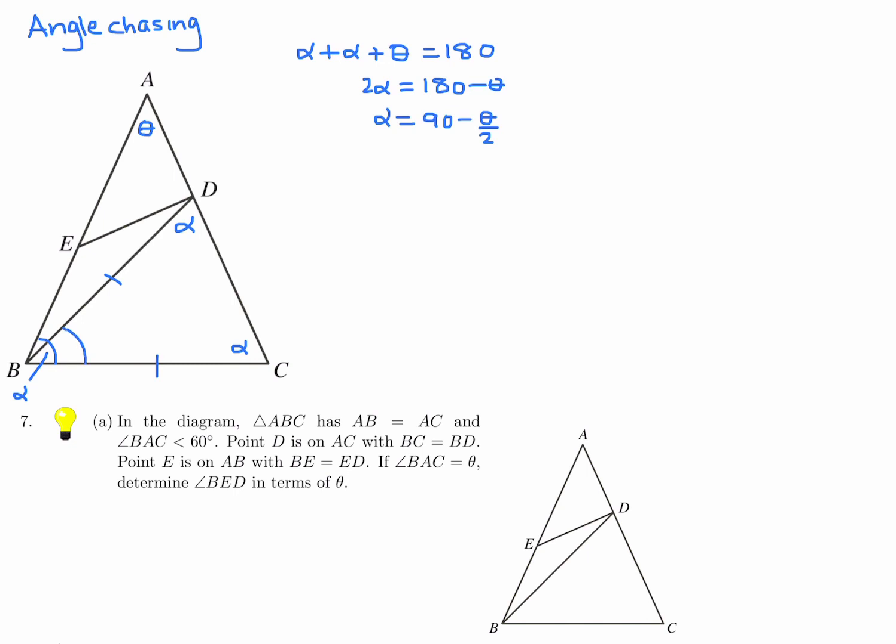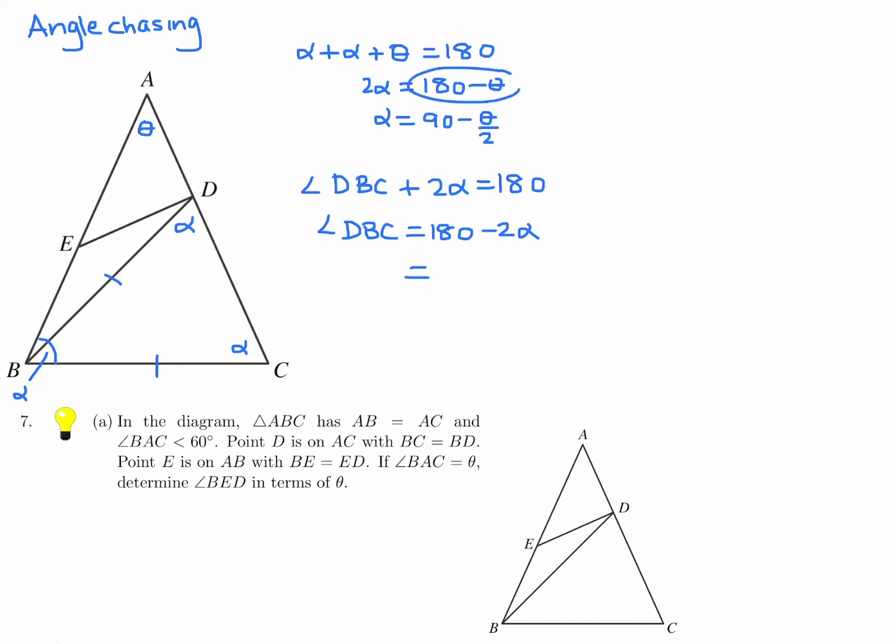That angle in terms of alpha, I can get. That angle is what? DBC, this one right here. So angle DBC plus this alpha and that alpha, so plus 2 alpha, is equal to 180. Again, so that means angle DBC is equal to 180 minus 2 alpha.